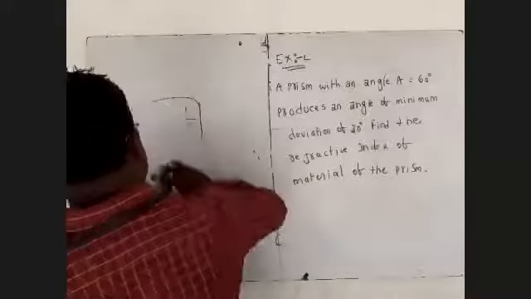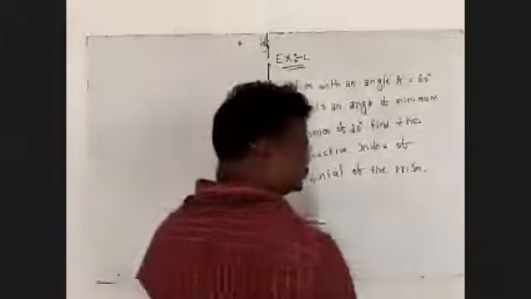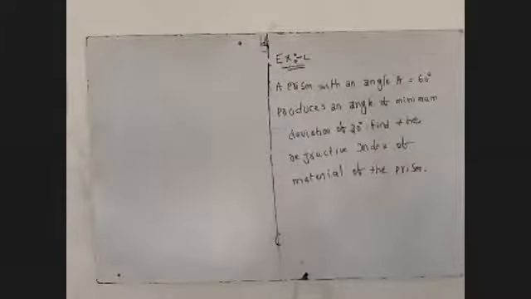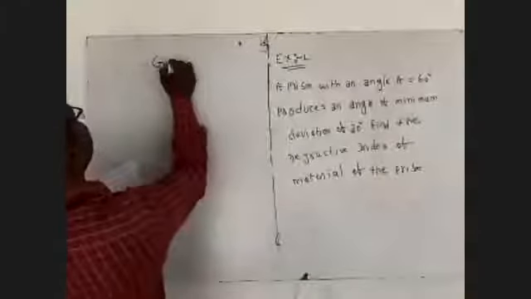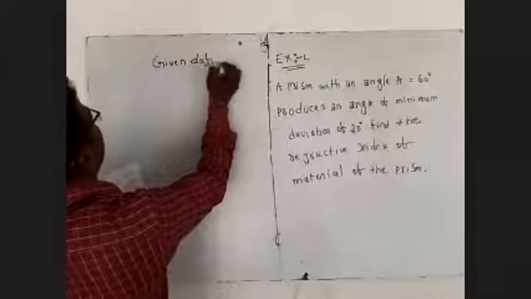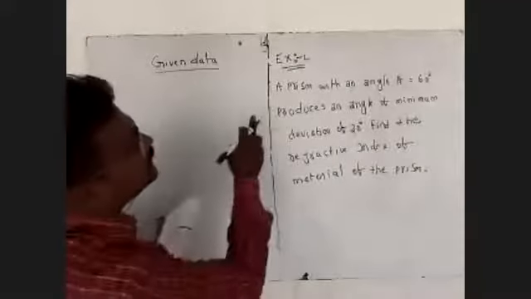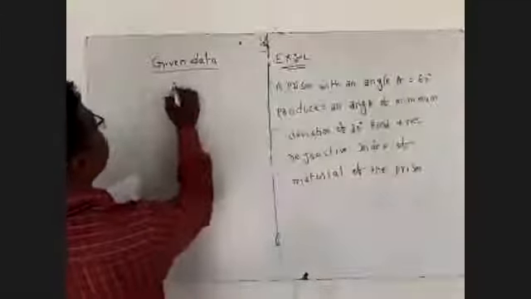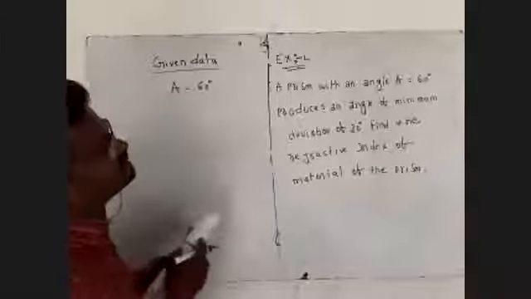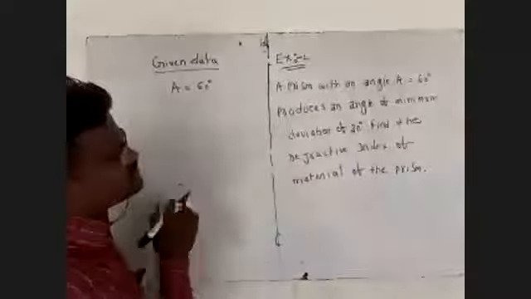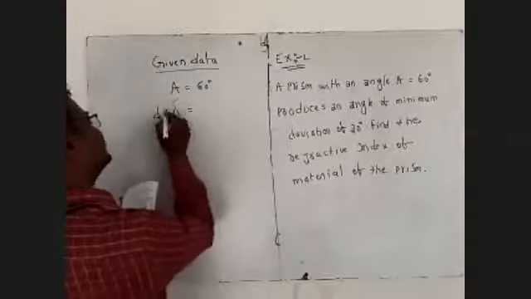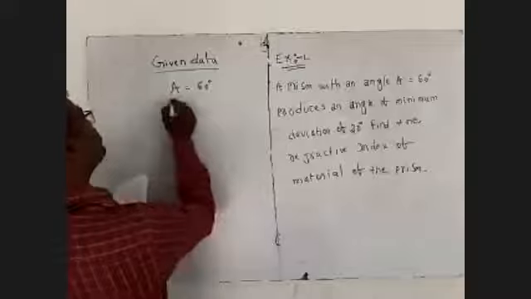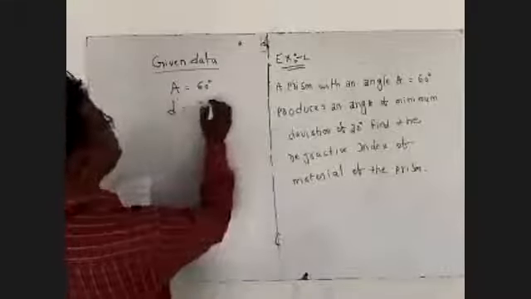Okay, let us find out. Given data: a prism with an angle A, which is the angle of the prism, or refracting angle of the prism. The angle of minimum deviation, D or delta, you can take whichever letter, is 30 degrees.